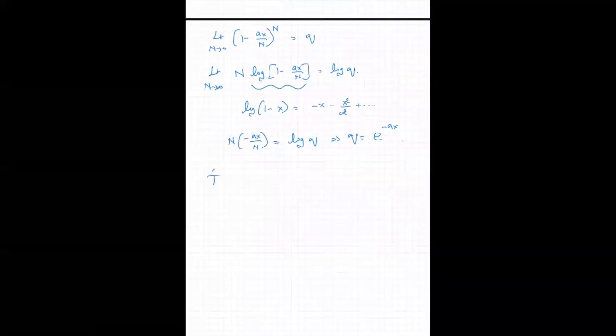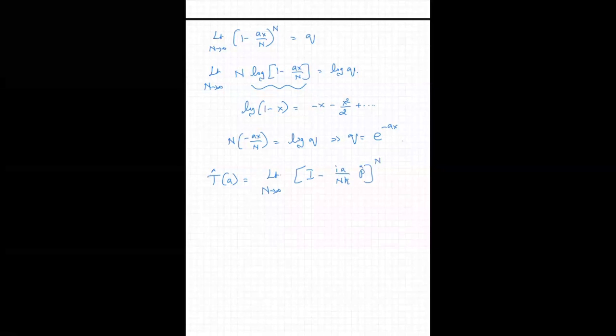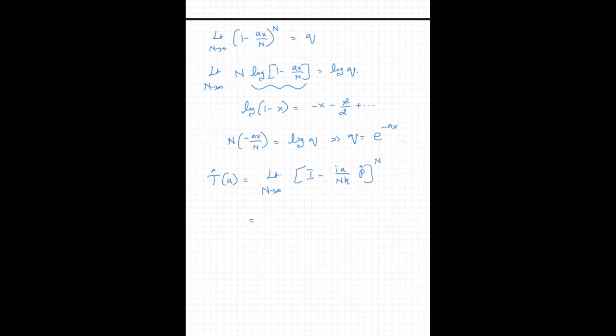So apply this to the first statement above. T of a would therefore be equal to the limit n goes to infinity of (I minus ia over n h bar times p) to the power n, and this is nothing but e to the minus ia over h bar times the operator p.